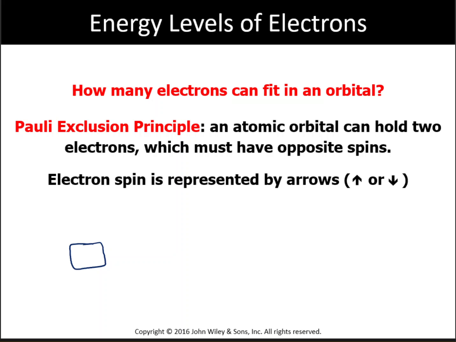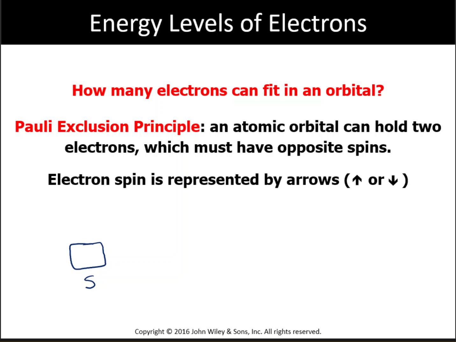Since the S sublevel can only have one orbital, you expect one box for S, and the maximum number of electrons you can put in each box is 2 electrons. Now electrons, we show them with arrows. These are just representations.